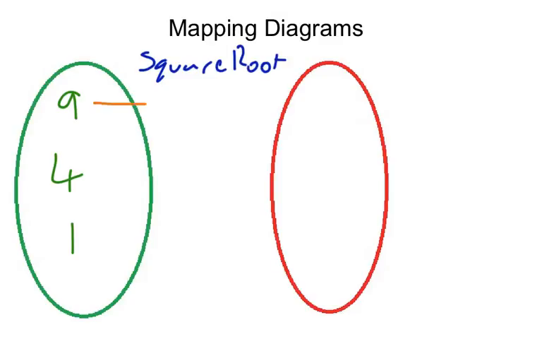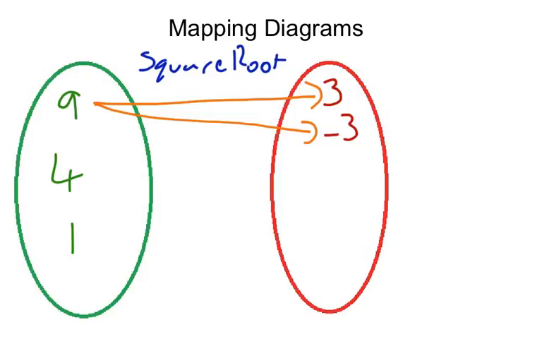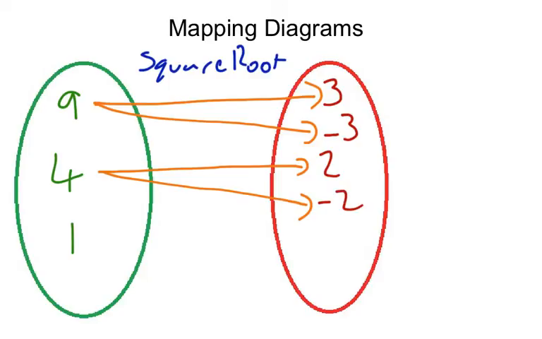So the square root of 9 could be 3, but it's also -3, because both those numbers square to make 9. For 4, it could be 2, or it could be minus 2, and for 1 it could be 1, or it could be minus 1.